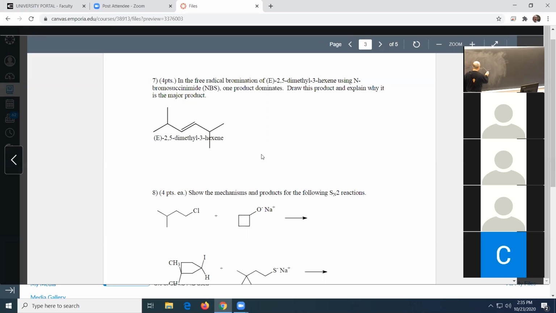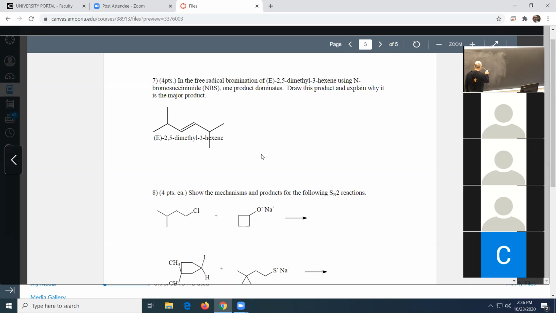So if we abstract one of these hydrogens here, or at the equivalent position over here, we have a free radical which is both tertiary and allylic. It's stabilized by resonance with the double bond.